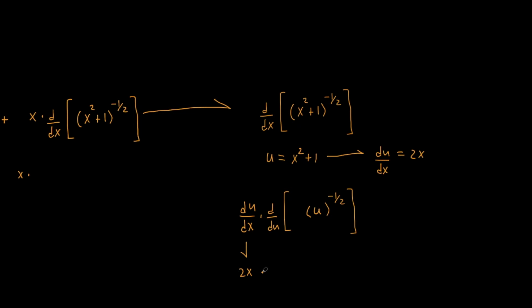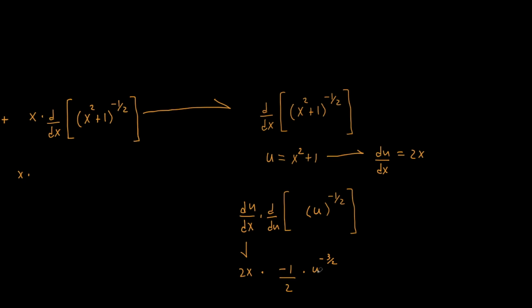And then we'll multiply 2x by the derivative of u to the negative 1/2, which is going to be negative 1/2 times u to the negative 3/2.